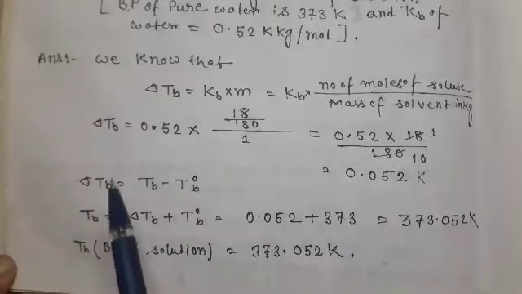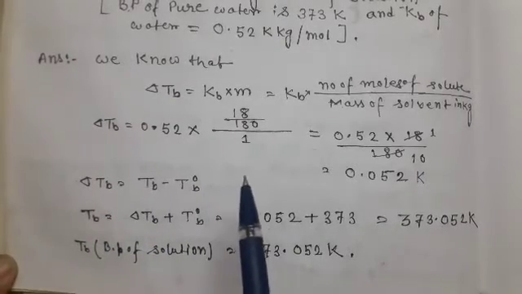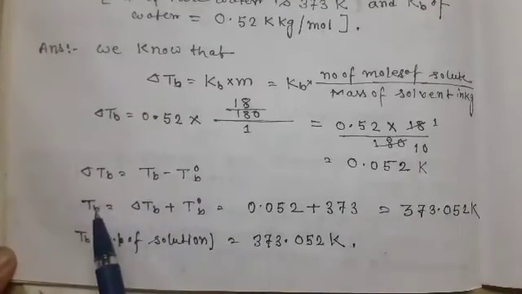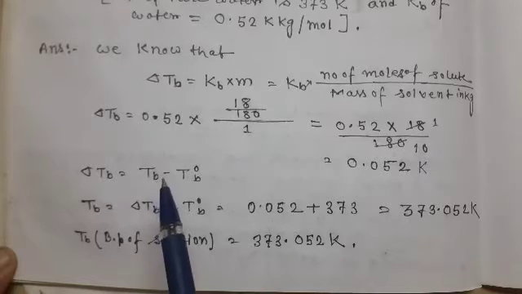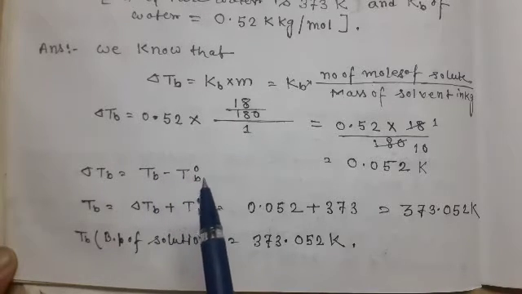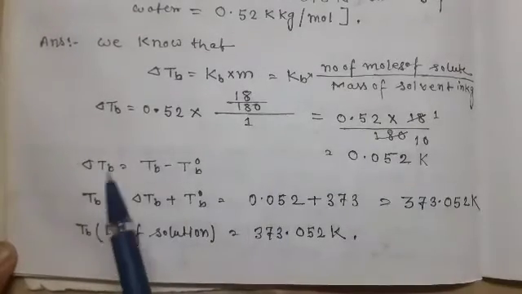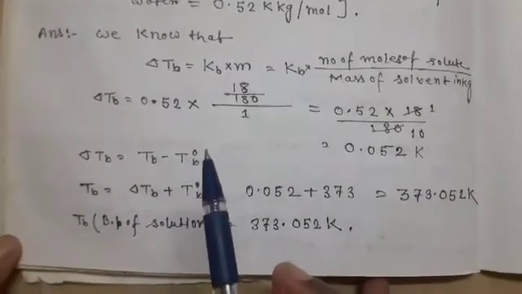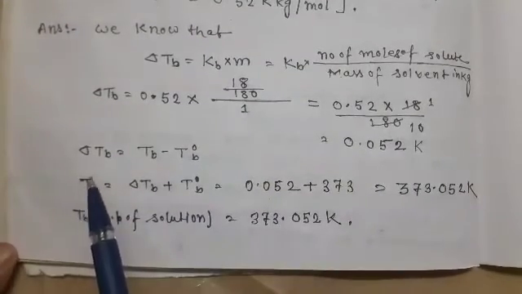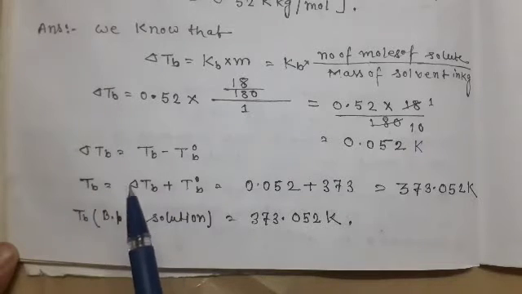We know the formula, delta Tb is equal to Tb minus T0b. Tb is the boiling point of the solution, T0b is the boiling point of pure solvent, and delta Tb is the elevation in boiling point. That Tb, the boiling point of solution, is equal to T0b plus delta Tb.